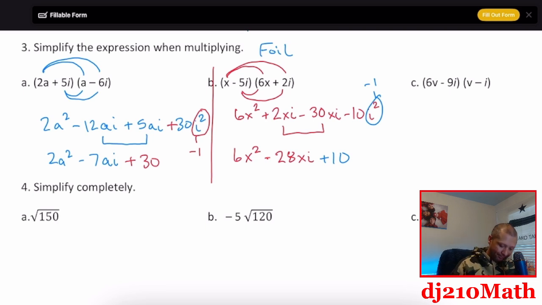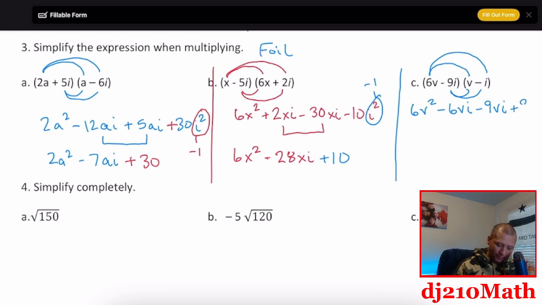Not bad, right? All right, C. First, 6v times v. 6v squared. Outer, negative 6vi, inner, negative 9vi, and then last, negative times negative is a positive 9i squared.